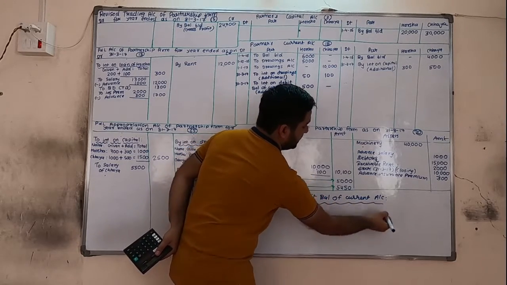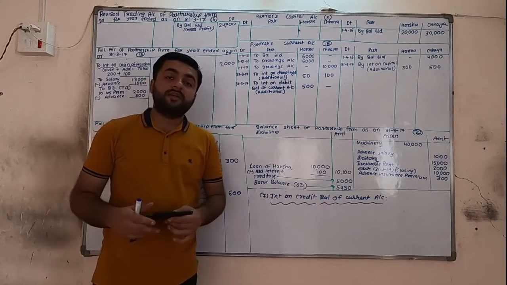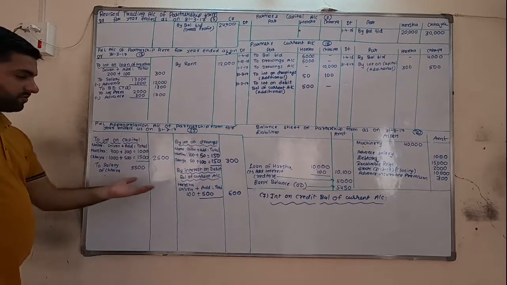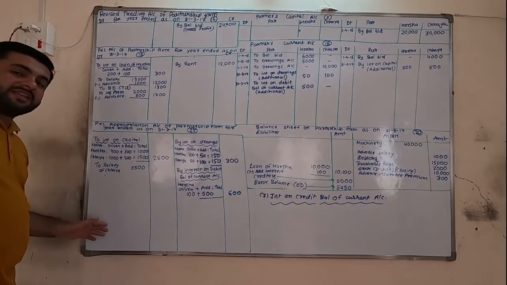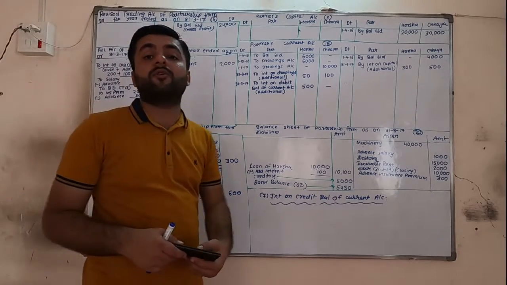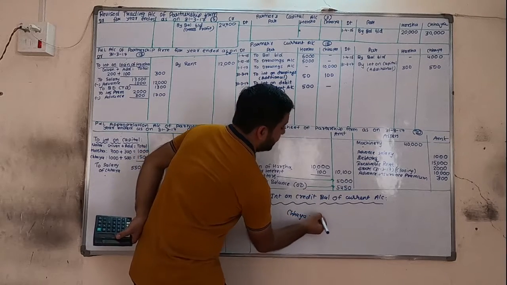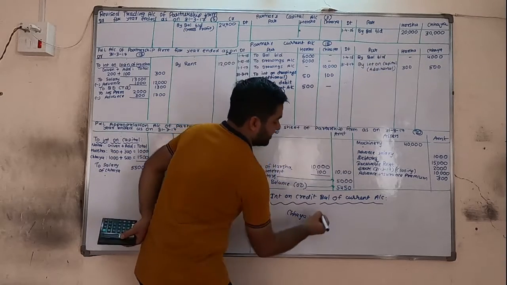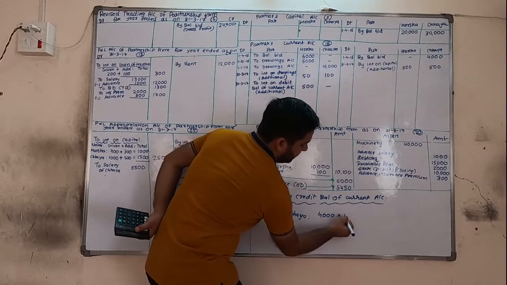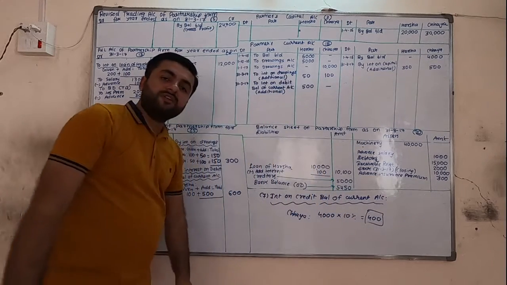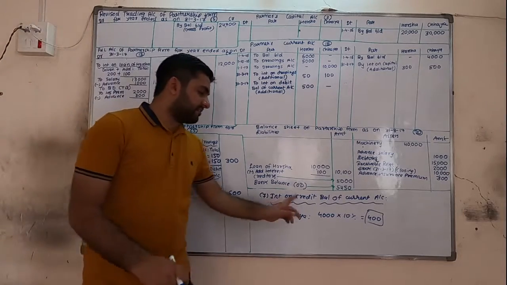For that, friends, you need one thing. Is interest on credit balance shown anywhere? Not shown, because debit balance is shown, credit balance is not shown, so you will do it directly, no given addition. So directly we have the person Chaya. Chaya is having 4,000. You can see. So directly 4,000 into 10% is 400. So you can now show directly interest on credit balance.